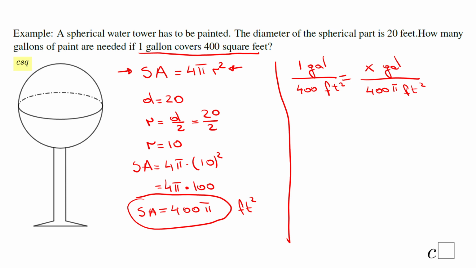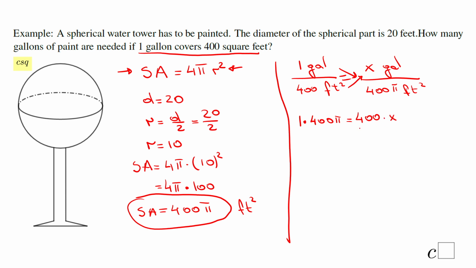Okay, so it looks very similar in fact, right? If you take a look, the denominator looks very similar. It's not really. So here, cross multiplication, we have 1 times 400 pi if you go this way, and the other way we have 400 times x.